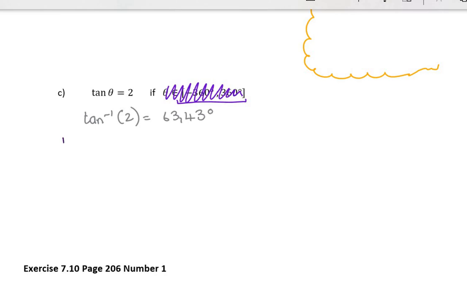And once again, the beauty of tan is that you can put both the solutions into one line. So theta equals 63.43 degrees. And instead of writing plus k360, if I write plus k180, it will automatically generate my second solution.